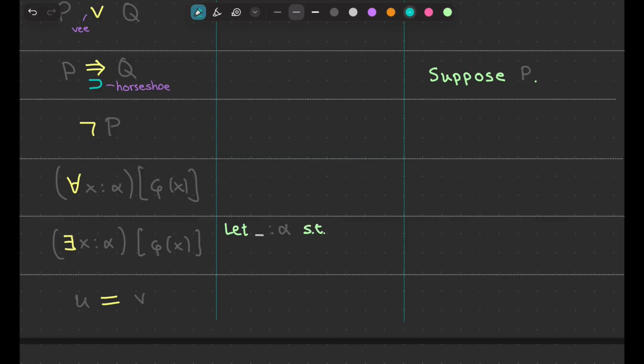So if I use A here, I'm asking for an object that has this property, such that phi of A. Does that make sense? This is how I will use this.